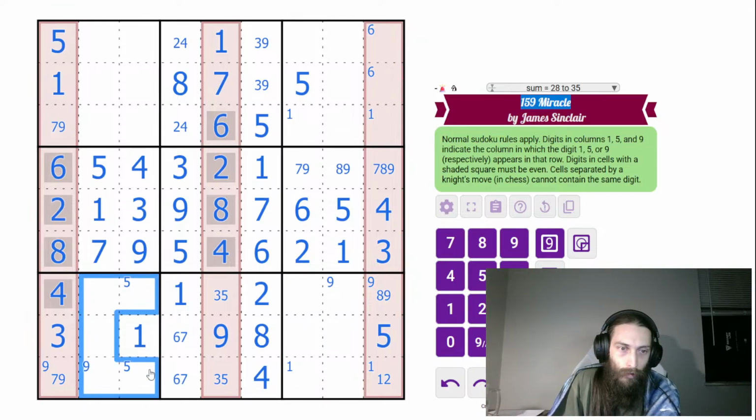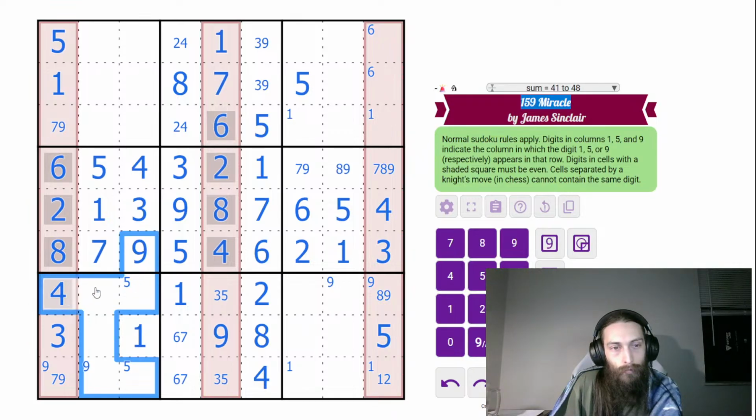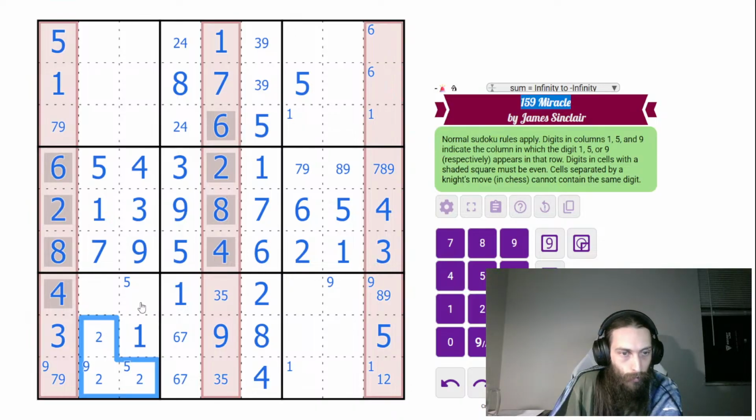Trying to think whether or not I fill in this box or not. I guess I might as well. I'm thinking about it already. Where can you put a 2? I believe it has to be one of those. 5 is one of those two. 6, I believe, is anywhere but those two.